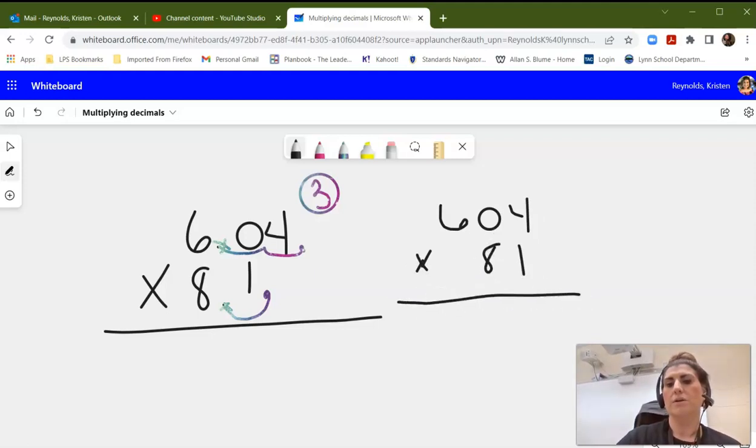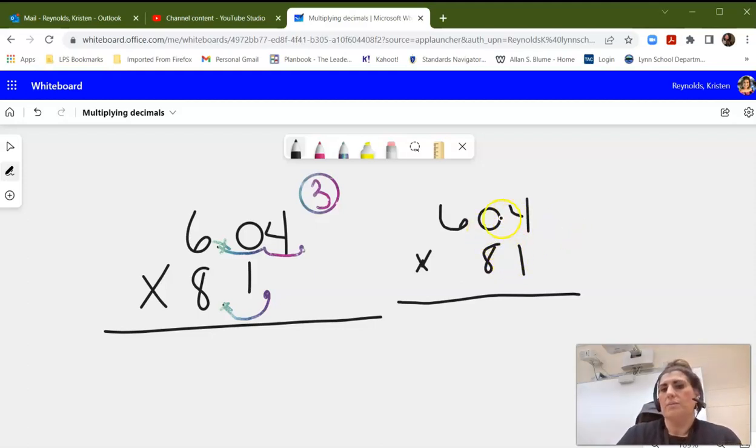So this is where knowing your place value is going to be very important, because if I just have 81 and I leave it as it is here, this says 810, but there's no 0. So that's not correct. 81 would be written like this. Okay, so don't get caught on that.